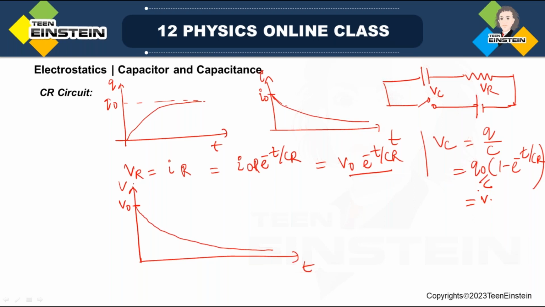Initially, at T equal to 0, it is 0. So it starts from here, and then it reaches the maximum value. So it varies like this.